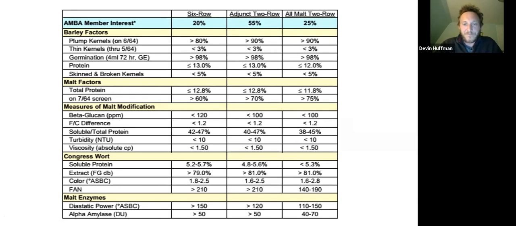So there are pros and cons to going too far into low FAN, low protein, in terms of being able to manage a range of products without having a separate barley variety for each style of malt.